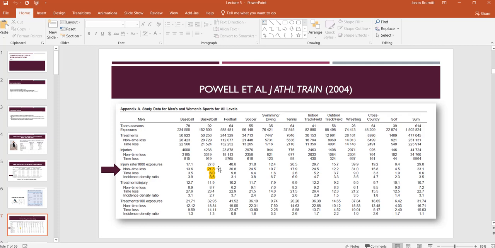Could that be that somebody is experiencing a calf muscle strain and is receiving treatment for it, but it is not keeping them from playing sport? Whereas a time loss injury could be something like a back pain episode where they're having spasms and they're unable to play because of the severity of the pain.